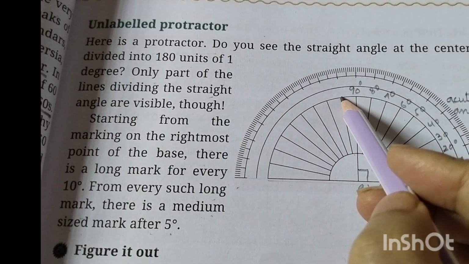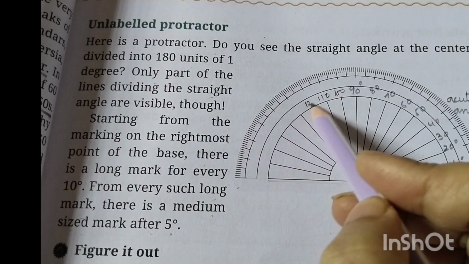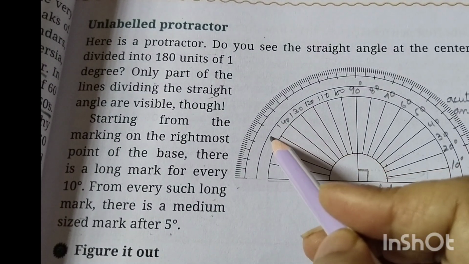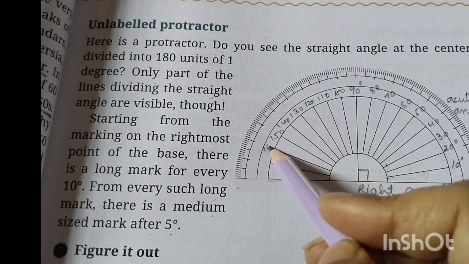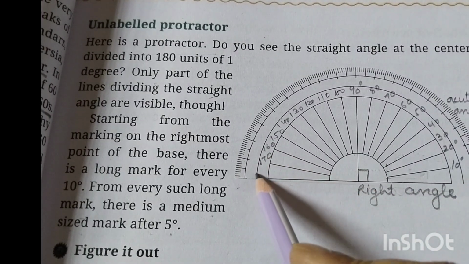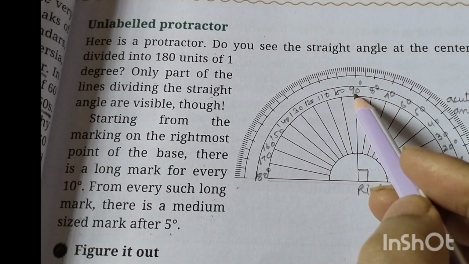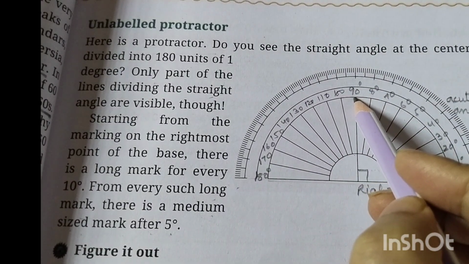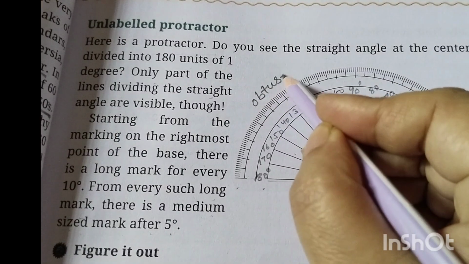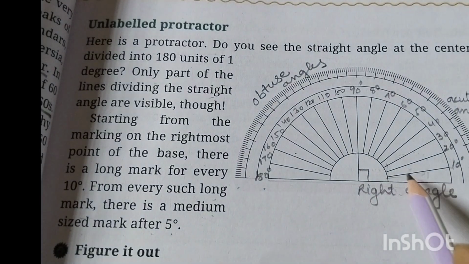Then here again 100, 110, 120, 130, 140, 150, 160, 170, and this is 180. So all the angles from 90 degrees to 180 degrees are obtuse angles. And what about this angle?